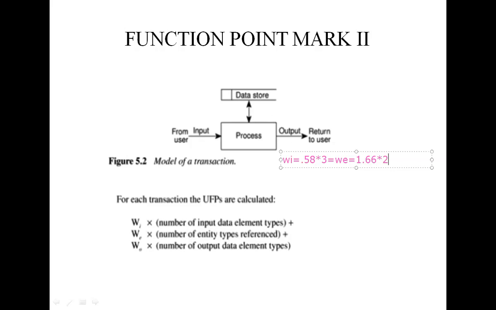Then WO equal to 0.26, into 1, as we take only one output. Summing the products, the answer we get is 5.32. So that is the UFP calculated for the transaction. Clear?